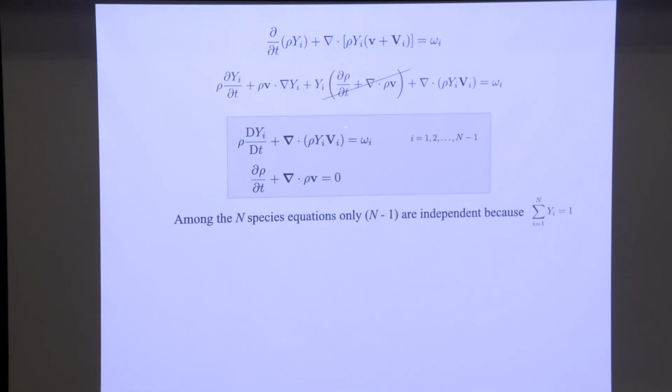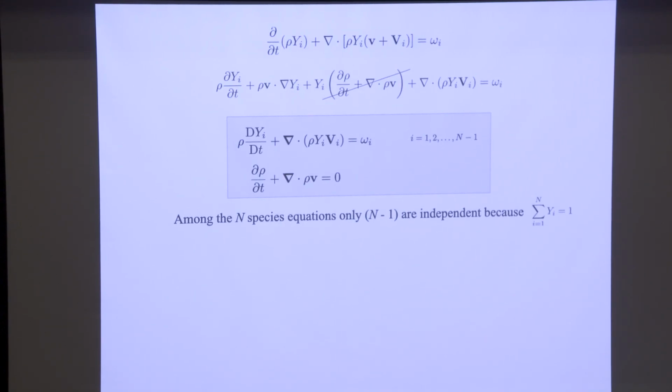When you sum all this for all i, you should get the total conservation of mass. So there is some redundancy here, clearly. Essentially, there are only n-1 equations which are independent, because the last y_i is 1 minus the sum of the other n-1.